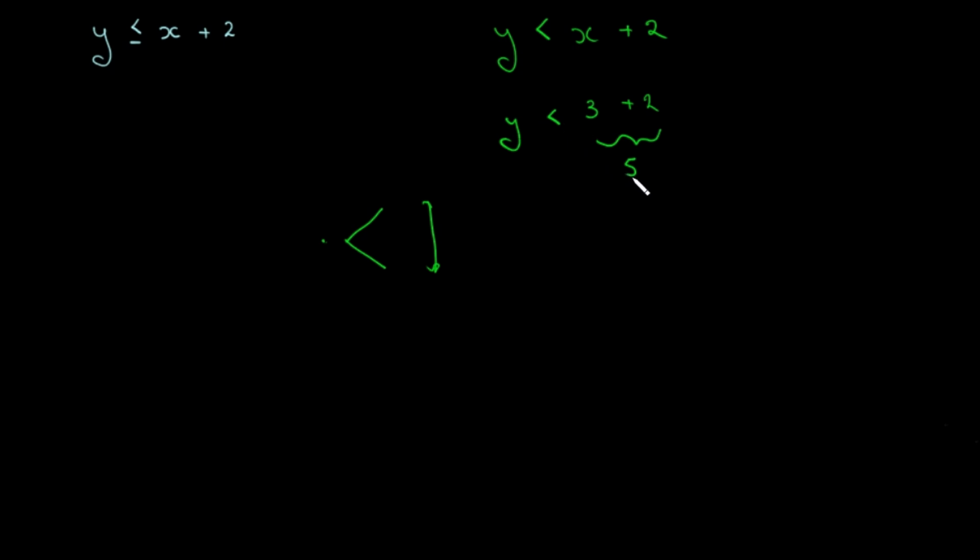It can't equal 5, but it can have every single value that exists that is less than 5. If I put that there, that's saying less than or equal to 5. So it would include 5. So it would be all the possible values that exist from and including 5 downwards on the graph.